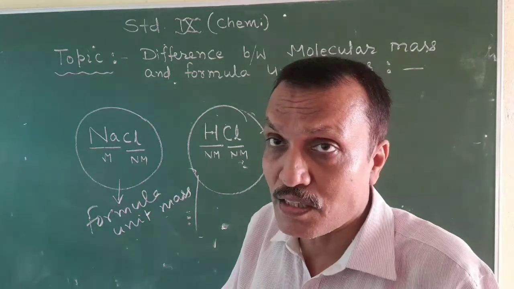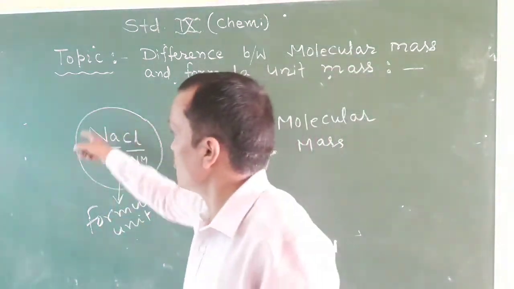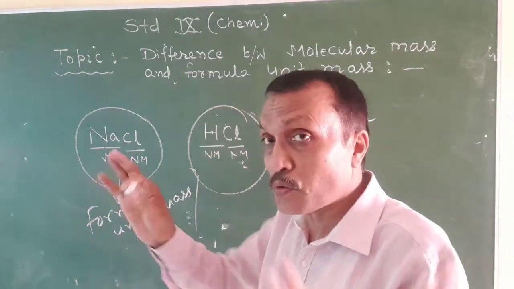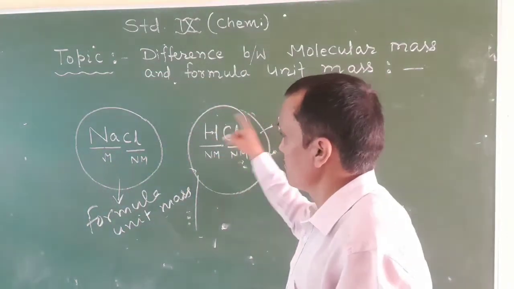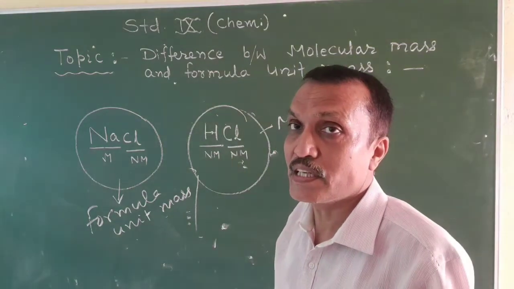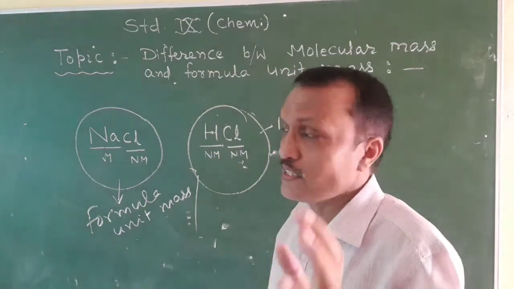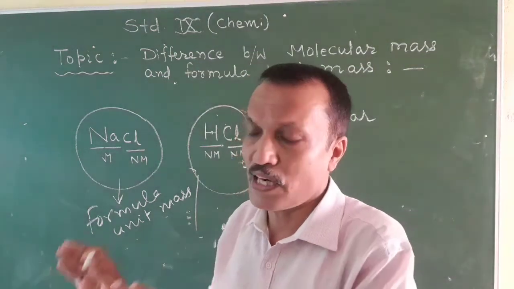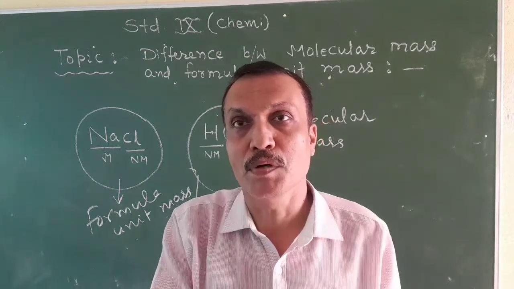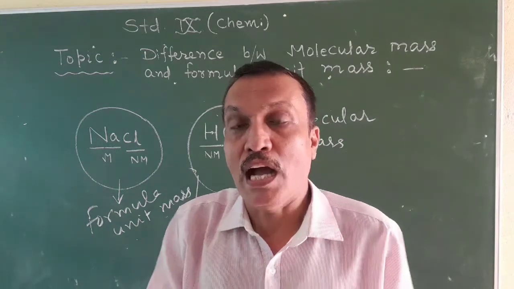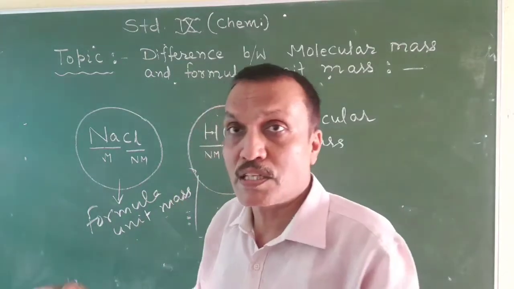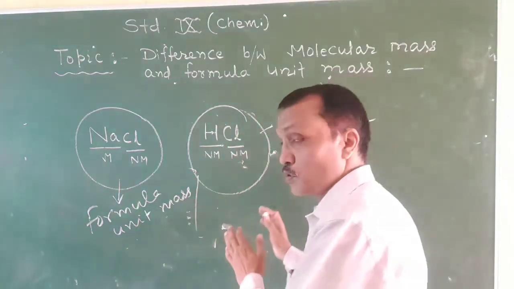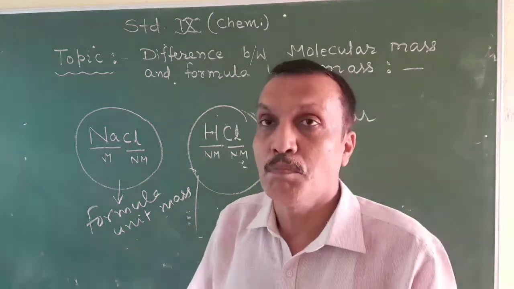So what are ionic compounds? Compounds made of metallic and non-metallic atoms. What are covalent compounds? Compounds made of non-metallic atoms. So I think you should write some more examples of ionic and covalent compounds. For ionic compounds, the term formula unit mass should be used, and for covalent compounds, the term molecular mass should be used.